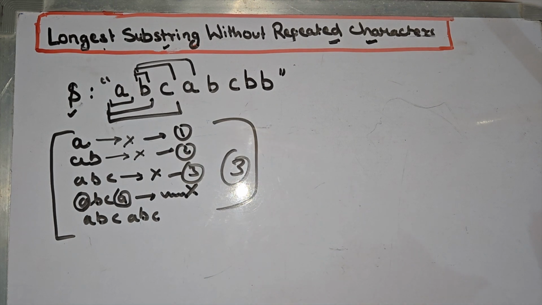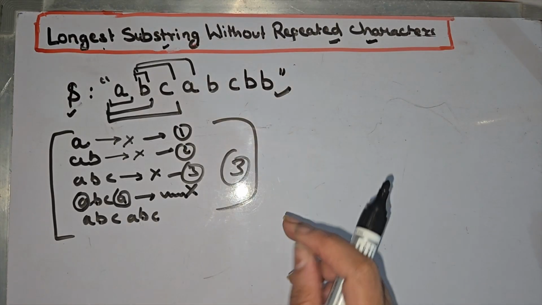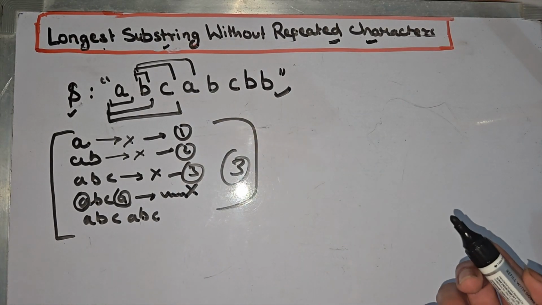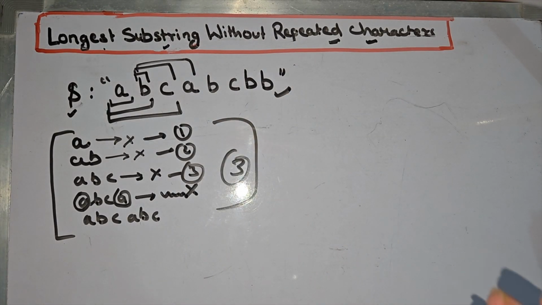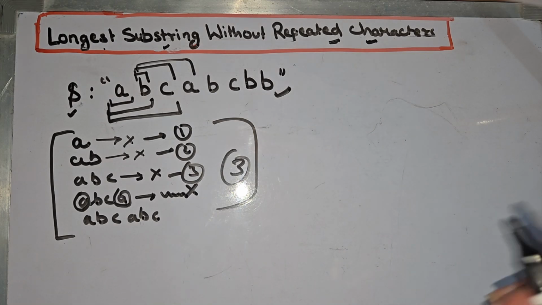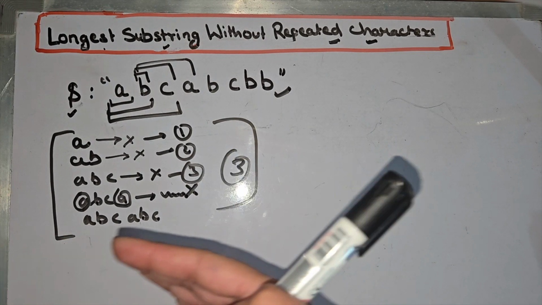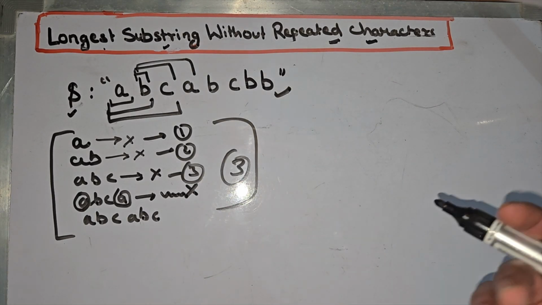So if we think of the naive solution, first thing that we have to do is find all the substrings of the given string, and then check whether the substring has unique characters in it or not. If all the characters are unique, then we will store its length in our answer, and after examining all the substrings, we will return our answer.